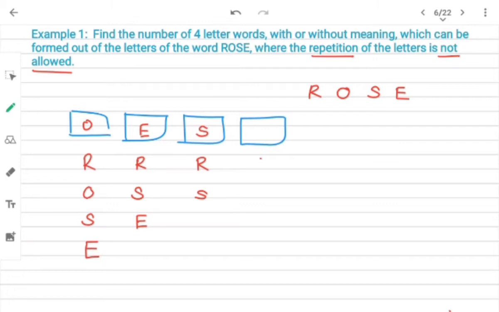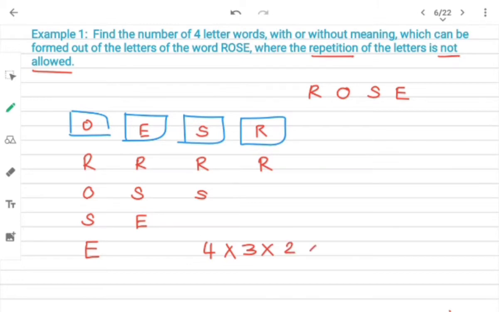Only R. So the arrangement is nothing but, in the first box, how many letters are possible? 4 letters. In the second box, how many letters are possible? 3. And in the third box, we have only 2 letters.